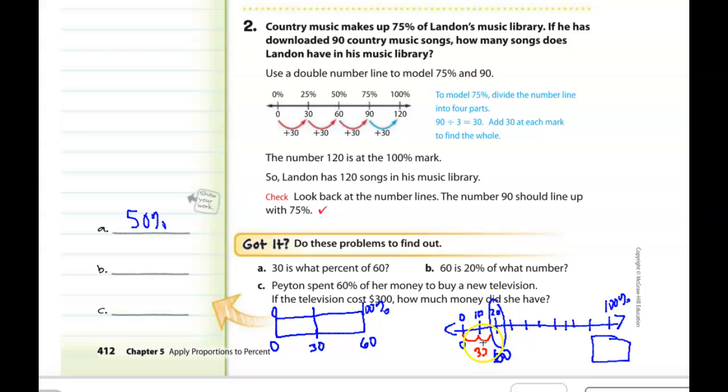So half of that is 30. So 30, 60, 90, 120, 150, 180, 210, 240, 270, 300. So 60 is 20% of the number 300.